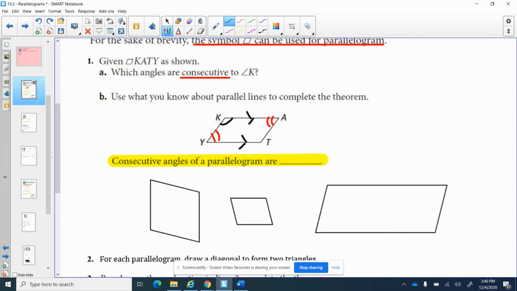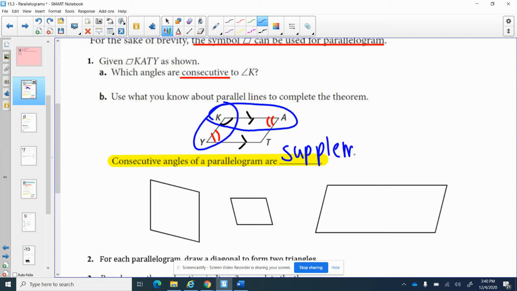So we have, for sure, KA parallel to YT, and also obviously KY and AT are parallel. But what we know about the consecutive angles, so angle K and angle Y, or angle K and angle A, is that they are supplementary to each other.